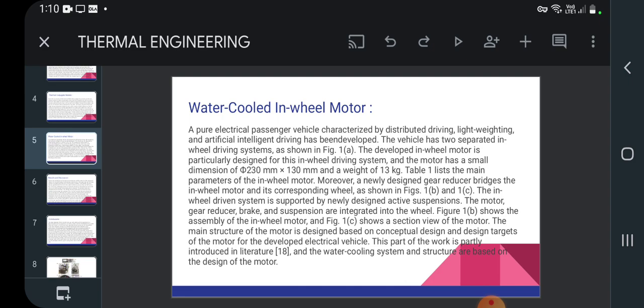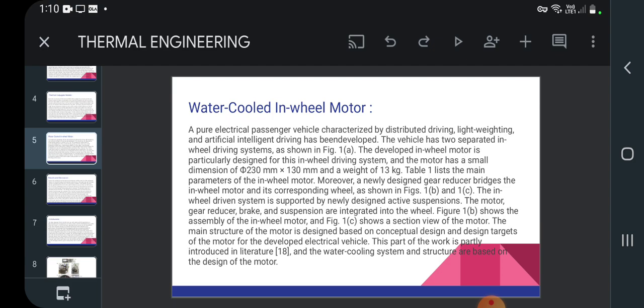Moreover, a newly designed gear reducer bridges the in-wheel motor and its corresponding wheels, as shown in the figure. We can see the in-wheel driving system supported by newly designed active suspensions. The motor, gear reducer, brake and suspensions are integrated into the wheel, and this shows the assembly of the in-wheel motor.